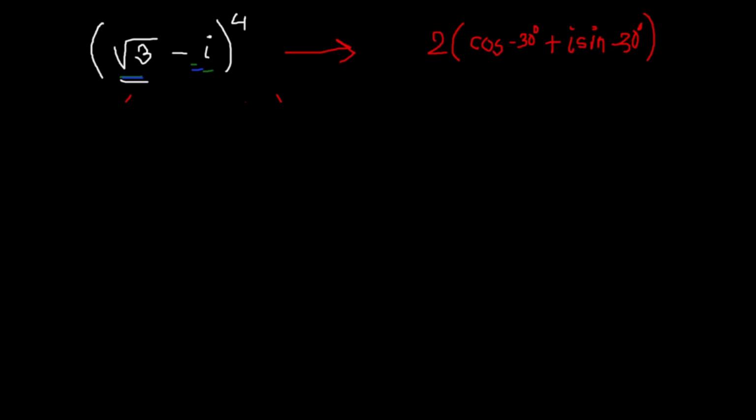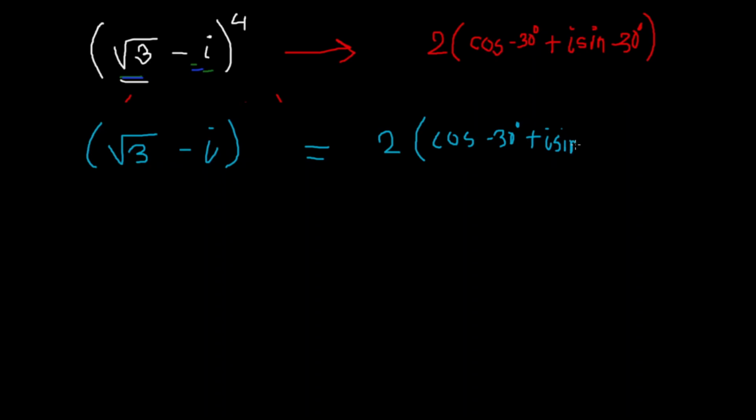Now we use de Moivre's theorem. In de Moivre's theorem, the polar form for this is what we mentioned before, 2 times cosine of negative 30 plus I sine of negative 30 degrees.